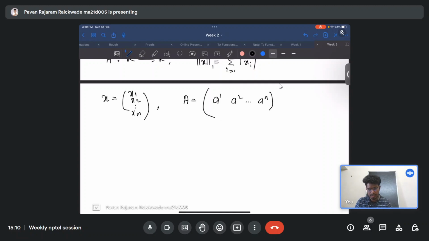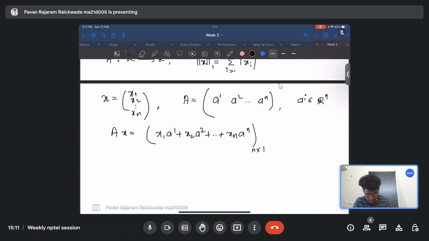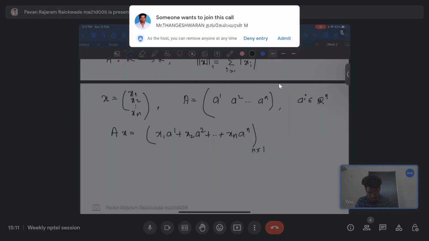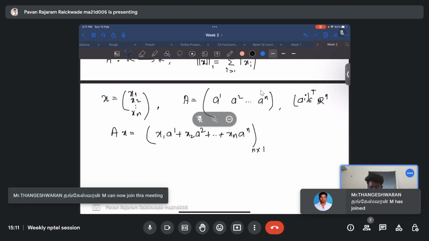This is the representation of the matrix A. Then Ax will have the representation x1 a1 plus x2 a2 plus up to xn an. So this is only one column in n cross 1, because all these ai are in Rn, I mean ai transpose you can say.